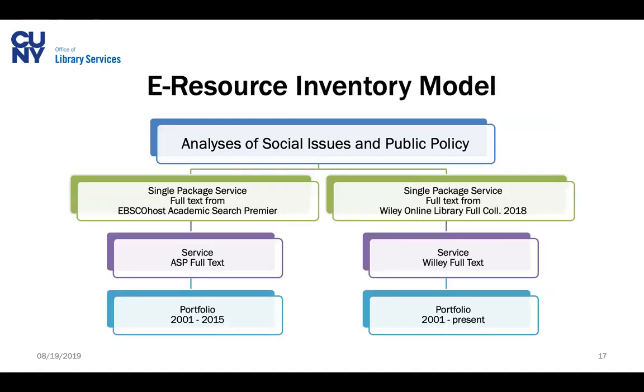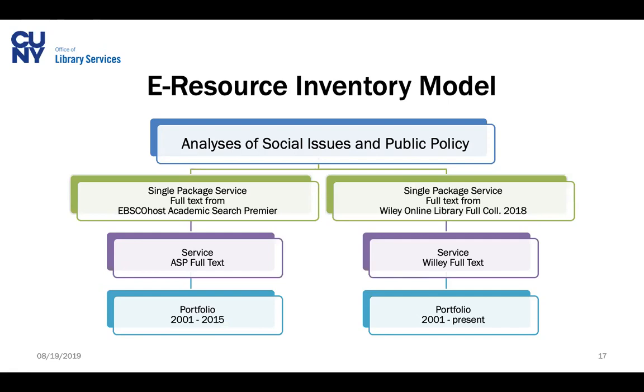Now we can look at this from within the Alma inventory model, and I think this graphic shows how you can license a title that is part of different packages. So in this case, you would have the Analysis of Social Issues and Public Policy, which is part of two different packages. One is the package from EBSCO's Academic Search Premier.